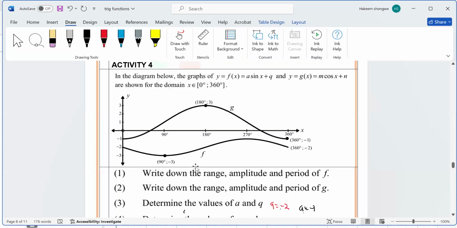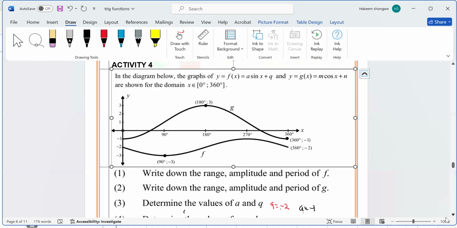The cos graph is g of x. Where does this one start? It was supposed to start at 1, but I'm starting at -1. What is it that I did? I shifted from here to here, it's 1, here to here, it's another 1. So it means I've shifted 2 steps downward.